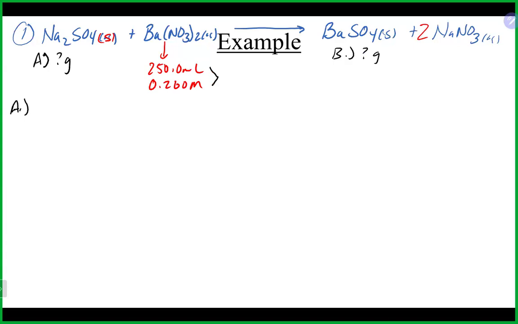And what's given to me is enough information to get to moles of this one, and that is all that's given to me. So this is a basic stoichiometry problem. This is not a limiting reagent problem or anything like that, because obviously we're looking for one of our reactants anyways. So that's where we're going to start.